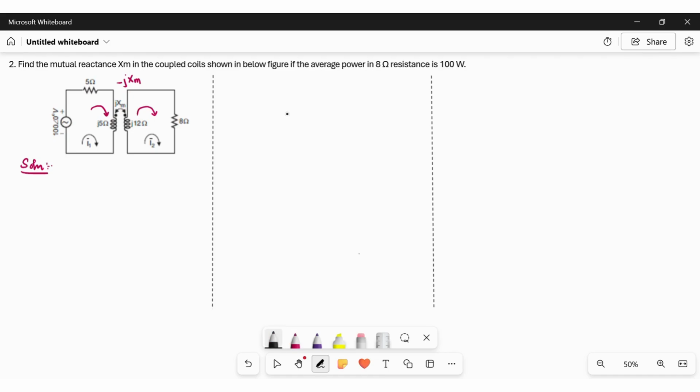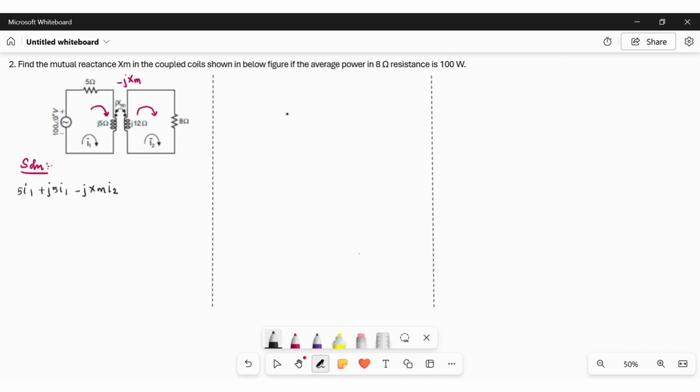Now, I am going to apply KVL for the primary winding. So, 5I1 plus j5I1, and to consider the mutual inductance, minus jXM. The mutual inductance in I1 is due to I2.